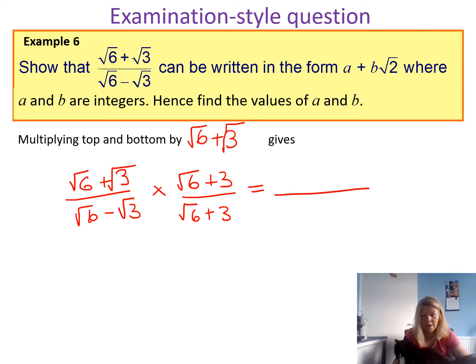Denominator easy. Root 6 times root 6 is going to give us a 6, and we're going to be taking away root 3 times root 3, so we're minusing 3, aren't we?